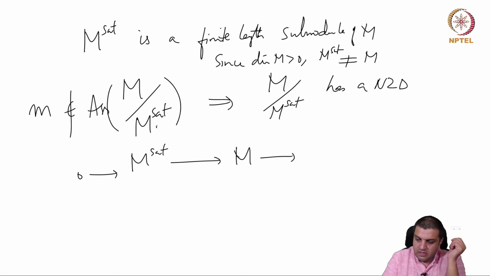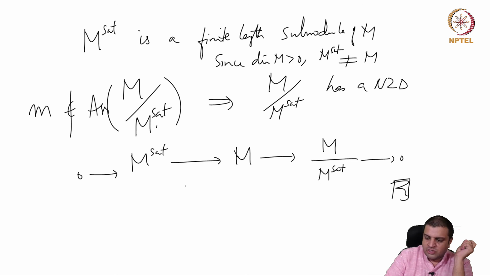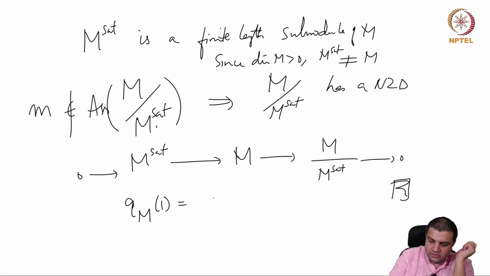We have M here and then M mod M sat. Okay, so the result is true for this. And then we can just write some Laurent polynomial and use a sum value here. If you substitute t equals 1, in fact, you will see that when you work it out, Q_M of 1 is equal to Q_(M mod M sat) of 1.